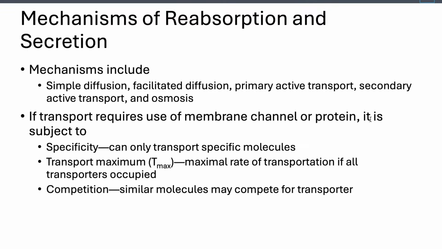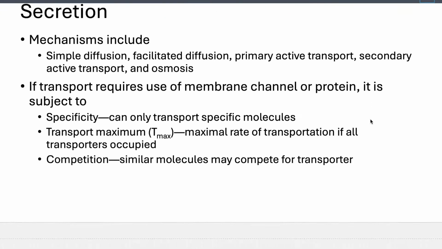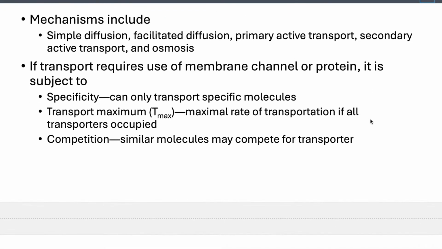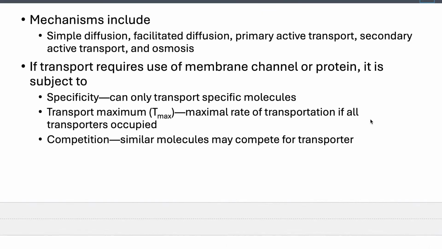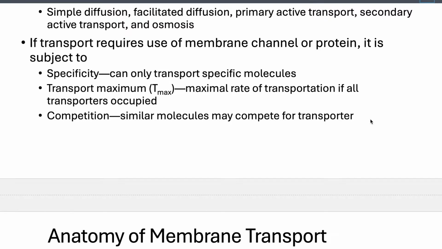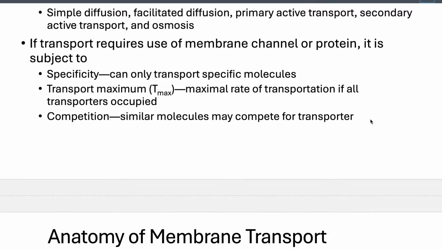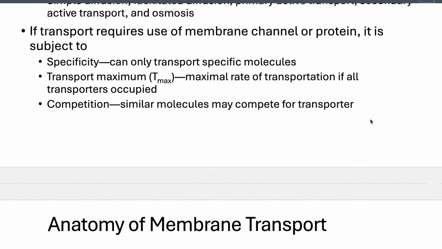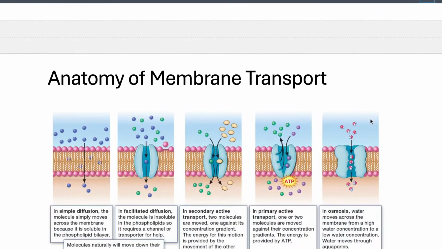If transport requires use of a membrane channel protein, it is subject to specificity, which we know. Transport maximum: if we're using a channel protein, there's a maximal rate of transportation if transporters are occupied. This is how that looks.